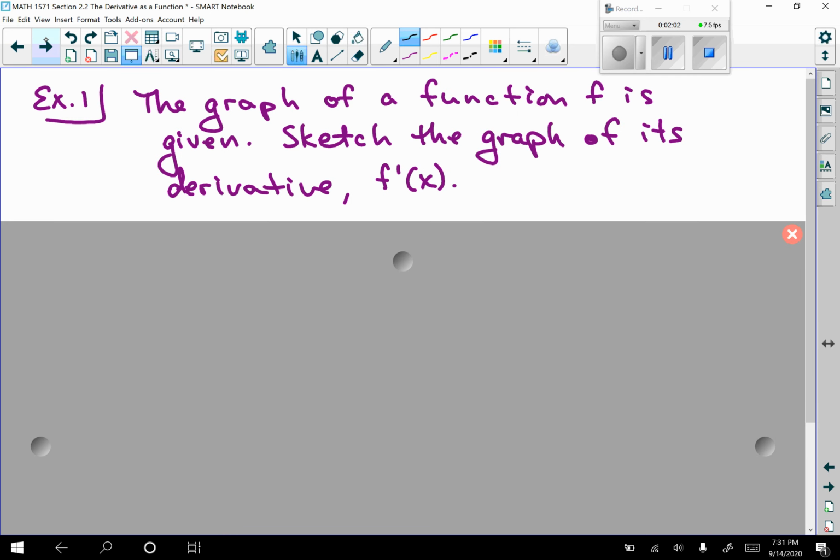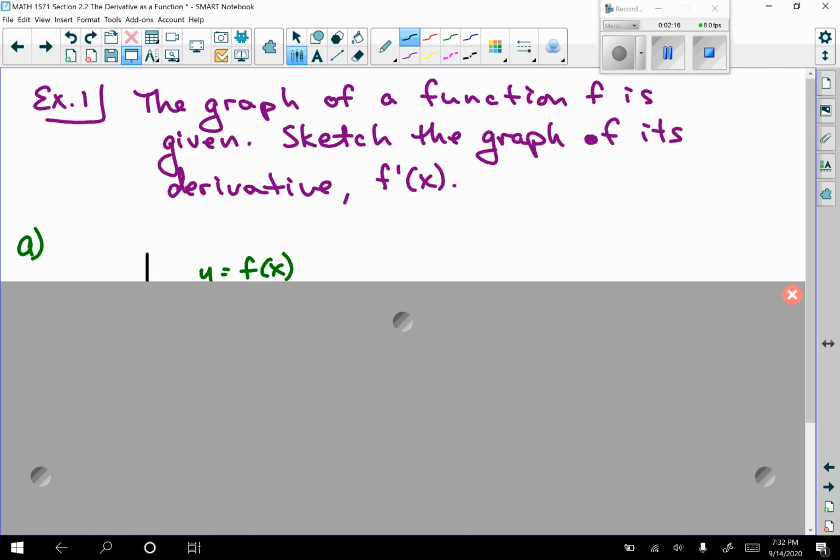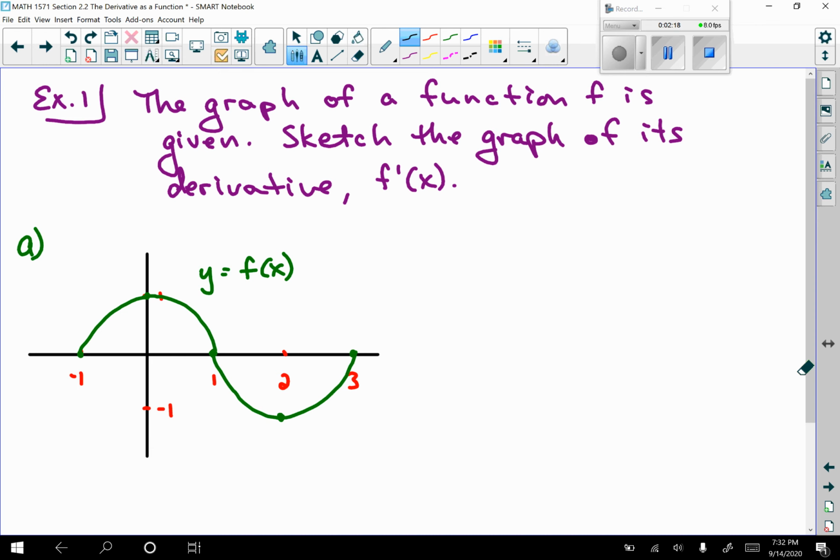All right, so we're going to first take a look at 3 graphs where we try to graph the derivative. The graph of a function f is given, and we're going to sketch the graph of its derivative, f prime of x. So pause the video and, as best you can, draw a copy of this.